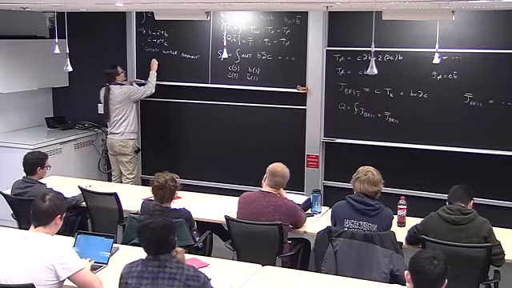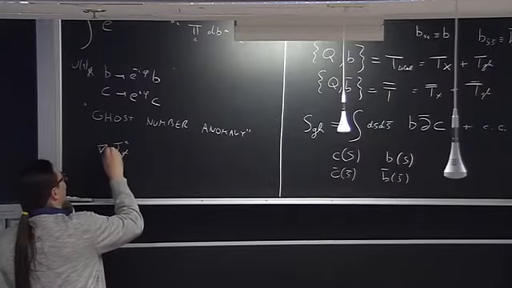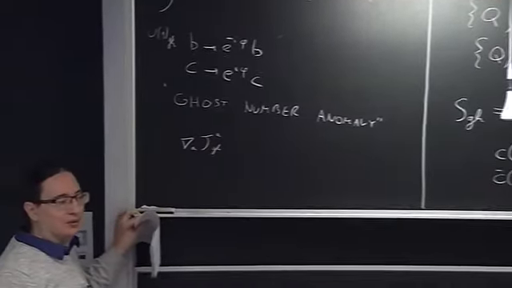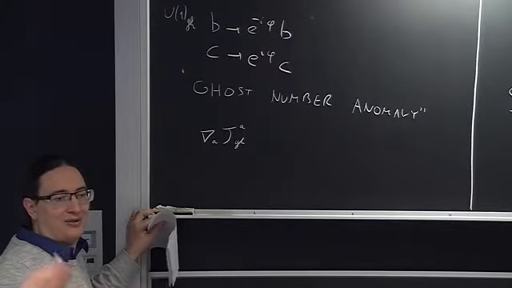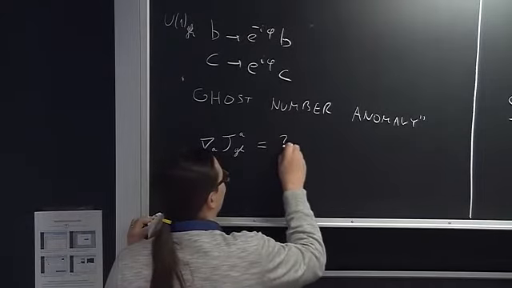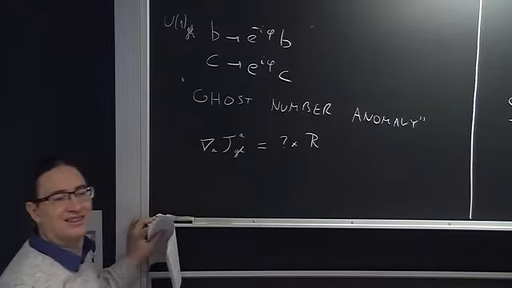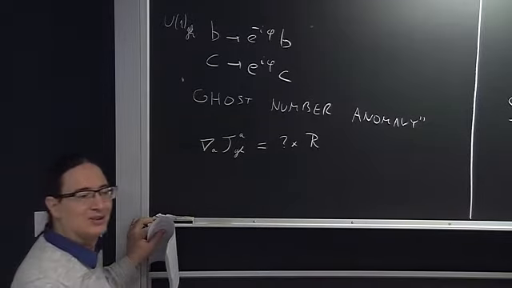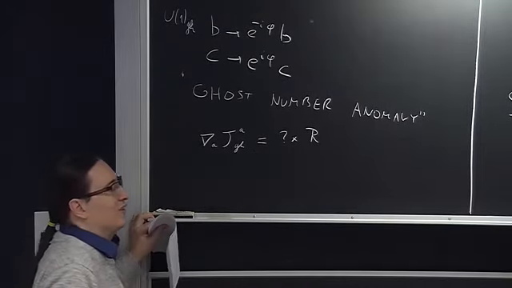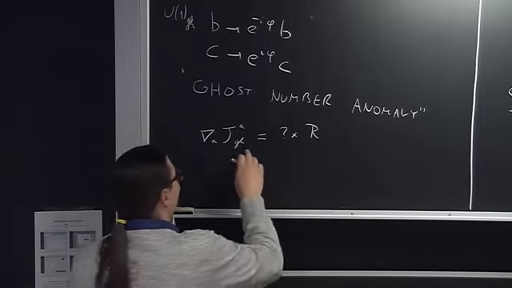In a very physical way, you can take your ghost number current and compute the divergence. So classically, this vanishes. But if you do point splitting regularization and so on and so forth, and you do it carefully, you actually find that there is something here, some number times the Ricci scalar. So you can check the violation of ghost number symmetry globally on the surface by integrating this.